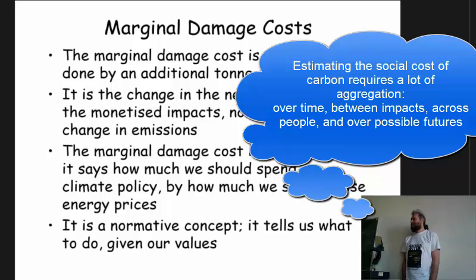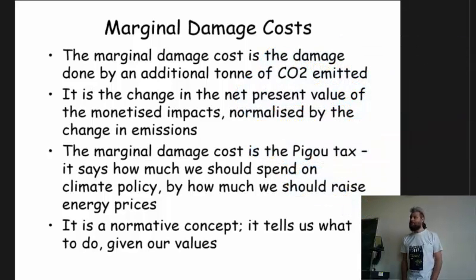So it depends on what we think the relative impact on somebody from the Netherlands or somebody from Bangladesh should be. And also we valued a lot of impacts that the prices are actually not at all obvious. We put values on nature, we put values on health. And that also reflects what we think is good and proper. So it's also a normative concept in the sense that it reflects our values.